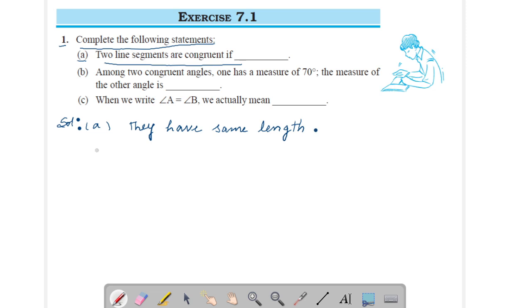Then B part. Among two congruent angles, one has a measure of 70 degree. The measure of the other angle is 70 degree. Then C part.